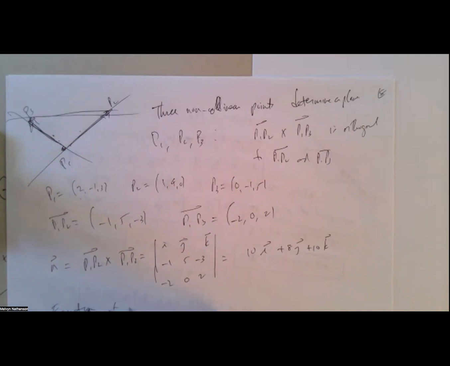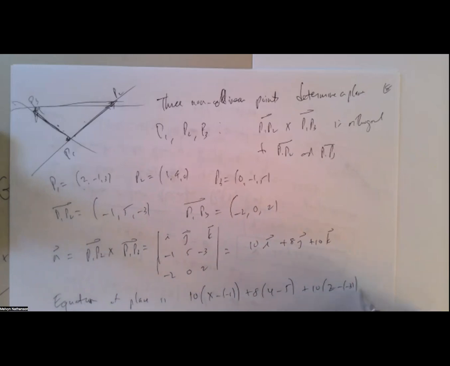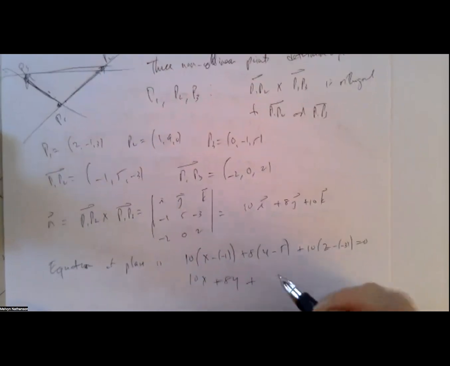So the equation of the plane is 10 times (x minus minus 1) plus 8 times (y minus 5) plus 10 times (z minus minus 3) equals 0, or 10x plus 8y plus 10z.